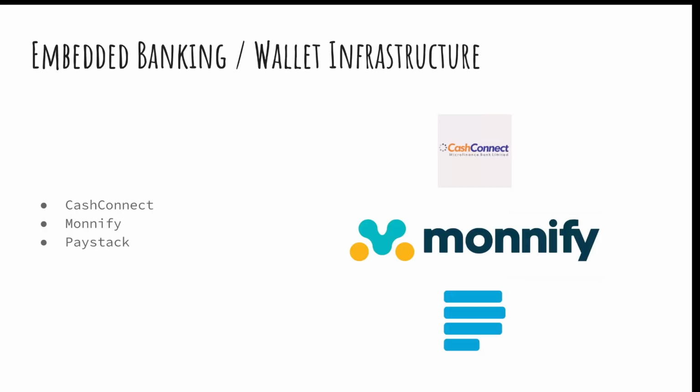Well, moving on to embedded banking and wallet infrastructure. For this, Cash Connect takes my number one position because they give you wallet infrastructure out of the box, in which you don't have to start keeping wallet ledgers and the rest. You can issue a wallet to a customer, assign a wallet to a customer, and move money from that wallet to another customer easily. Monnify also has that wallet feature.